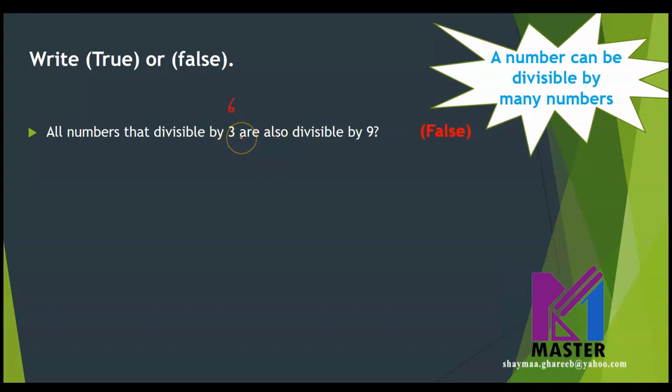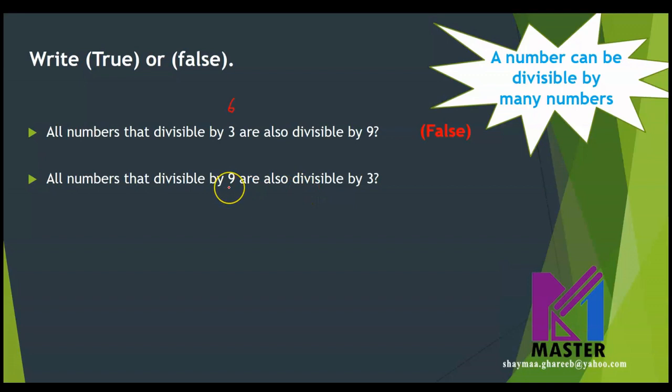But we can also find that some numbers are divisible by 3 and divisible by 9 at the same time. Let's see the opposite of the statement. All numbers that are divisible by 9 are also divisible by 3? Of course, yes.